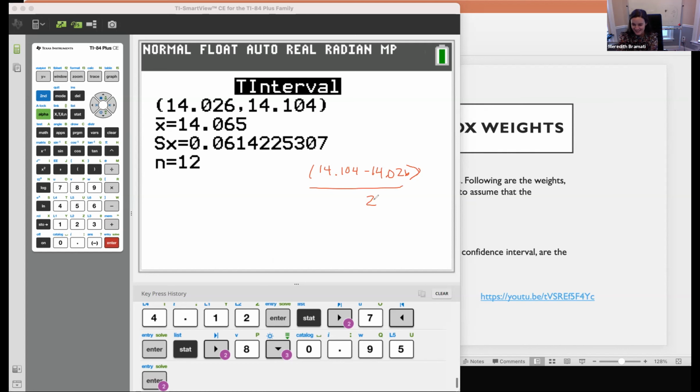And then you would get 0.039 for your margin of error.